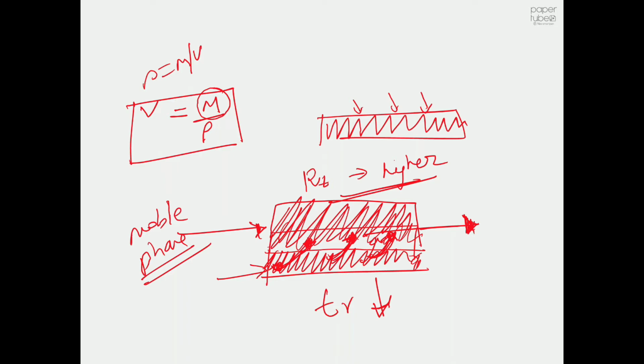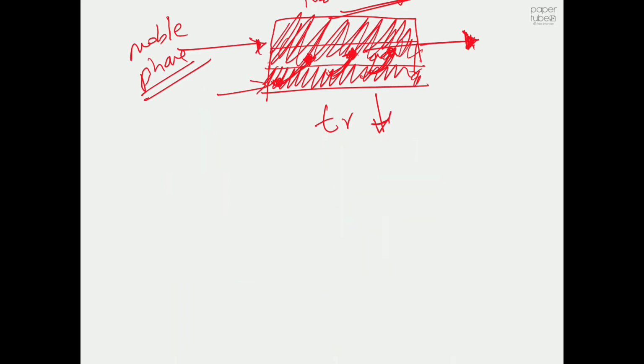If you look at the equation, retention factor, capital K divided by beta.